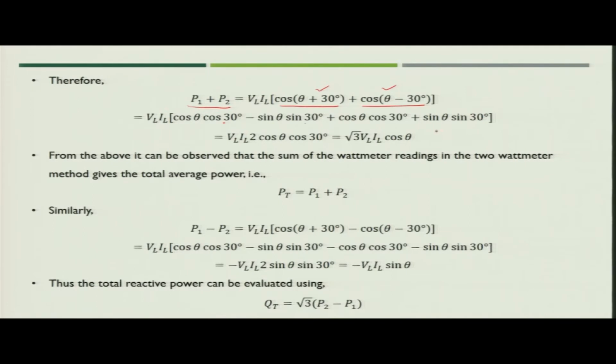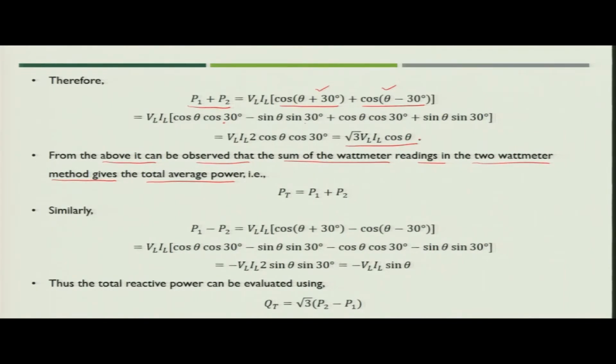Now, if you simplify further, you will get the value of P1 plus P2 as root 3 times VL IL cos theta. From the above it can be observed that the sum of the wattmeter readings in the 2 wattmeter method gives the total average power, because if you remember, we discussed that the total power consumed by the load in a 3 phase system is root 3 times VL IL cos theta.